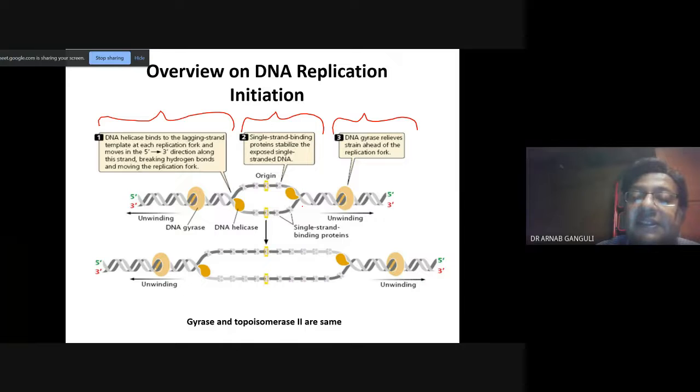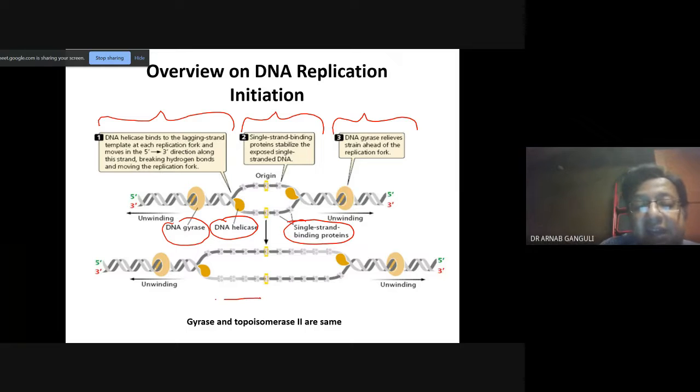It relieves the stress over here. So this is the DNA helicase, DNA gyrase, and these little proteins are the single strand binding proteins. Unwinding keeps on taking place in both directions. Here replication is taking place. So we know about the initiation of replication right now.